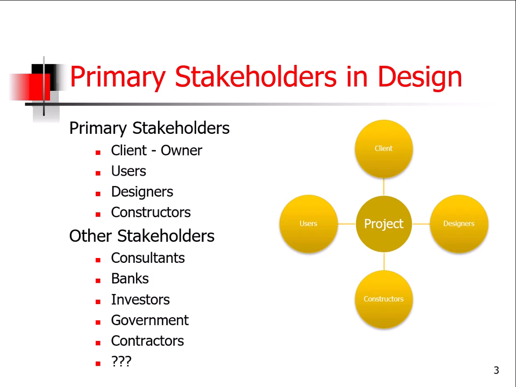And then there are the users, the people who are actually going to use the building. In a personal residence, the user and the client may be the same person. But in most architecture, the user and the client aren't the same person. A good example of that is the university. The client for any building that's built on campus is technically the board of directors, our board.